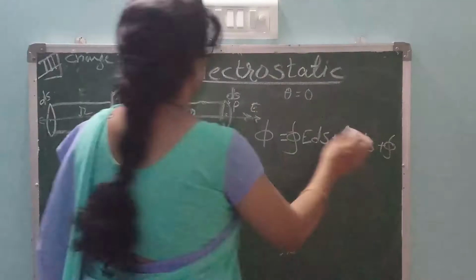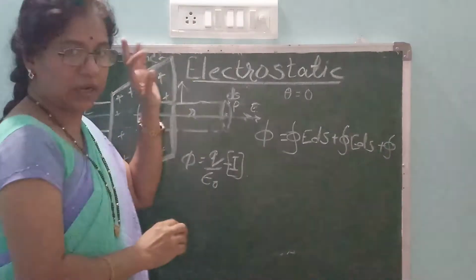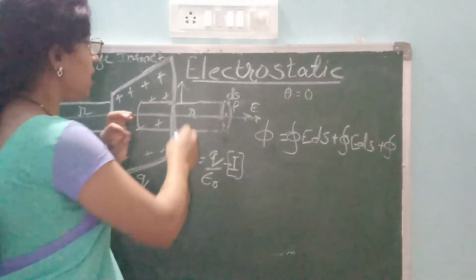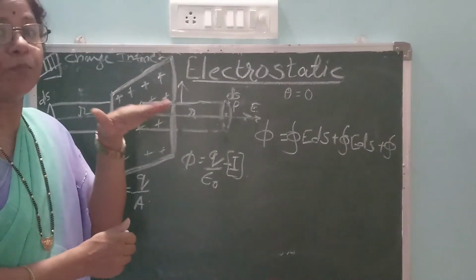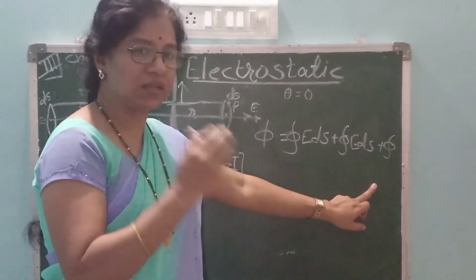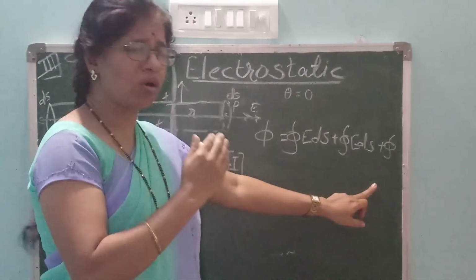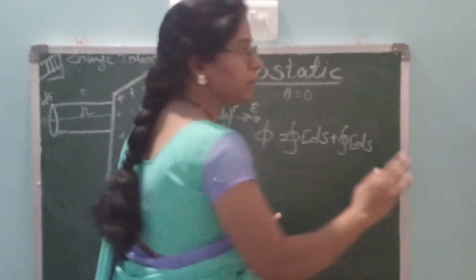Here you can also see that the electric field must be in the outward direction, and that's why the angle between the field and the surface normal is perpendicular. So here cos 90 degree will be 0, and that's why the curved surface contribution will be 0.